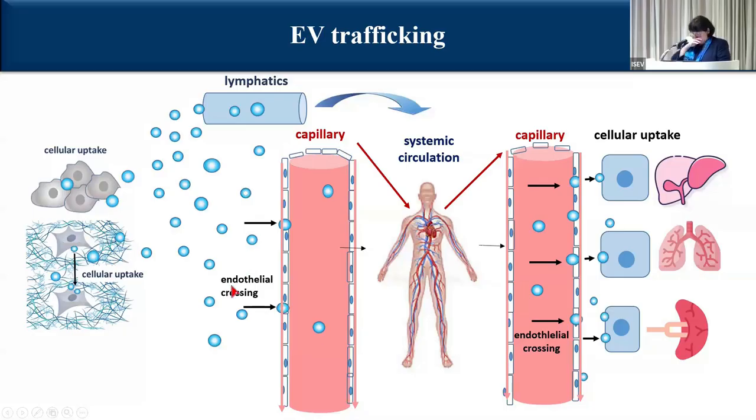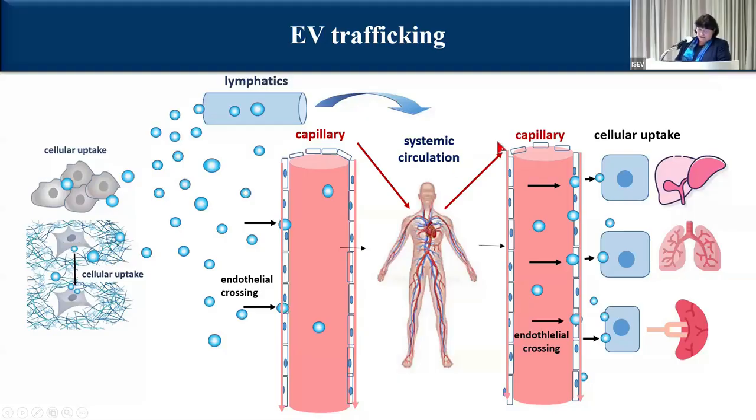Beyond that, we know from zebrafish studies that there is an endothelial crossing by extracellular vesicles through the endothelium of capillaries from outside in. And these capillaries, again, bring the vesicles to the systemic circulation.